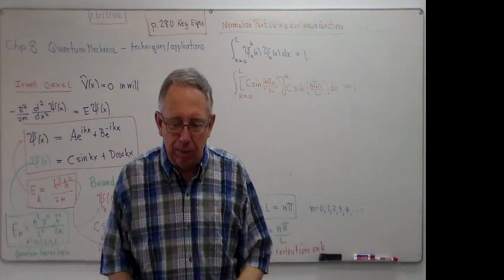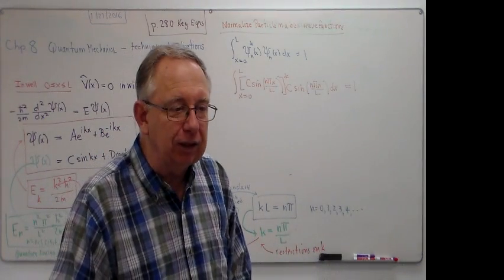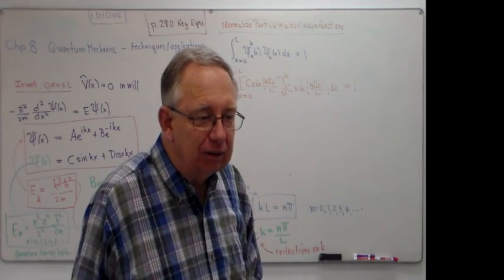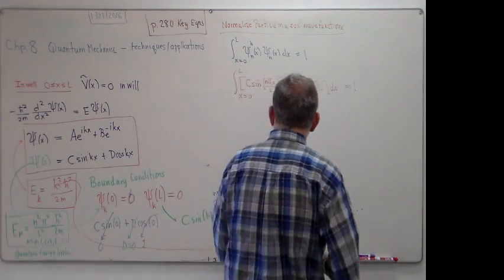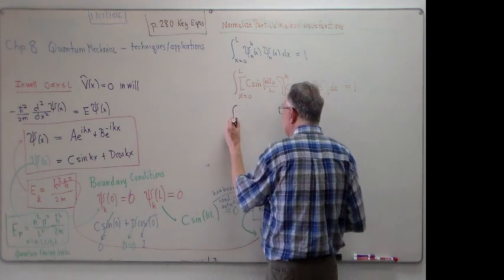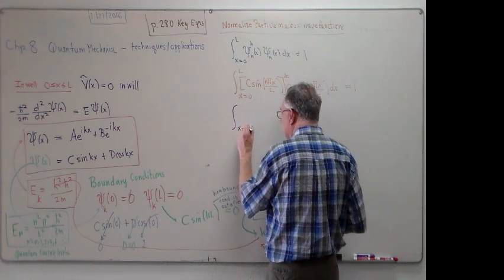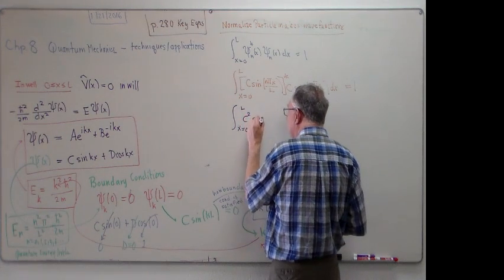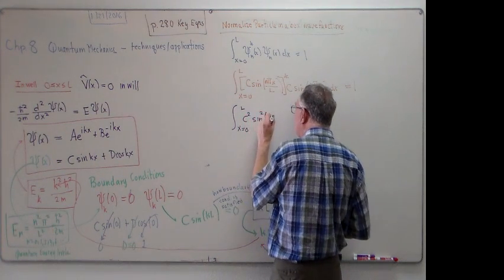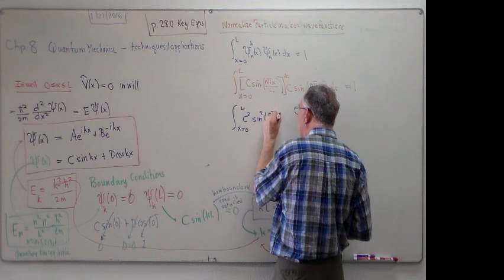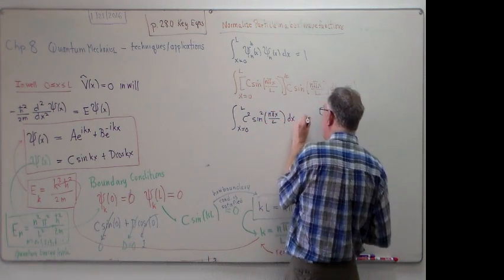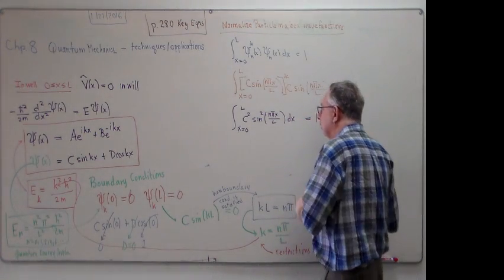Now, this is what we call a real wave function. It doesn't have any complex numbers in it. So in this particular case, we have the integral from 0 to L of c squared sine squared n pi x over L dx has to equal 1.